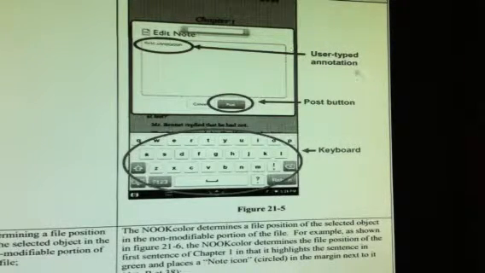In this case, it's the user typed annotation and the post button. These two are the features that are mentioned in the claim, and according to that claim and due to obviousness, it does infringe.